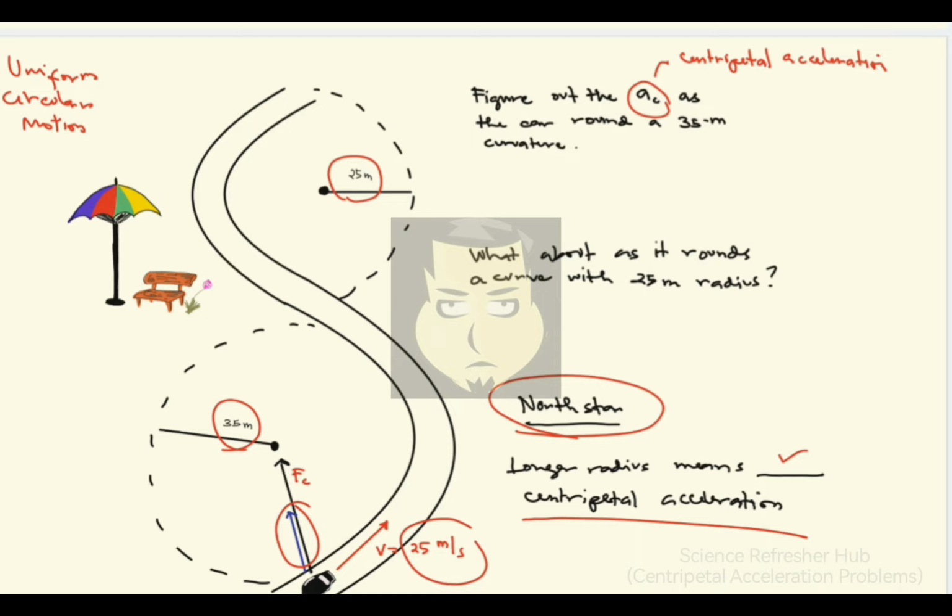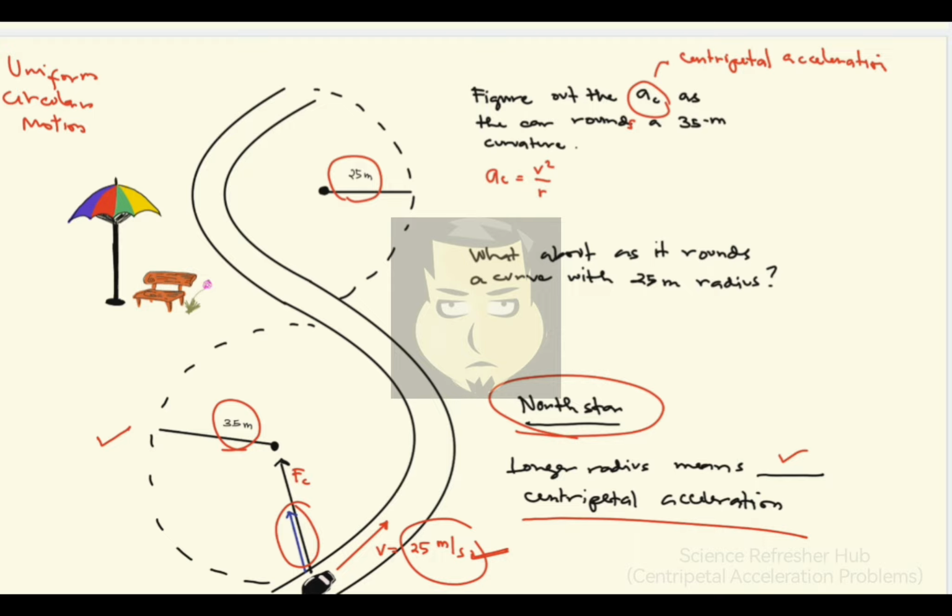Figure out the centripetal acceleration as the car moves, or if the car rounds a 35-meter curvature. So in this first curvature here, let's try to find out the AC. You could still recall AC is just velocity squared over radius. What's the value of our velocity?